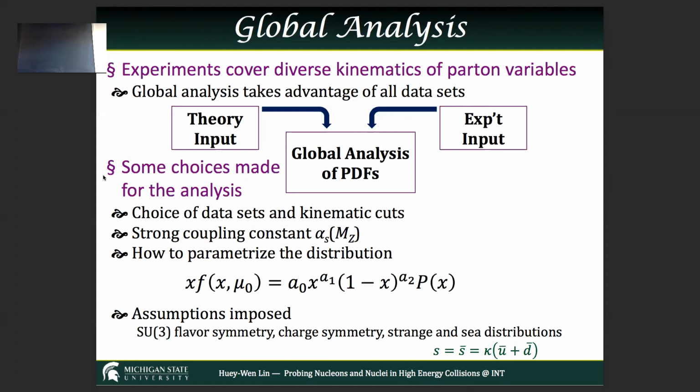So one of our motivations is that eventually lattice-QCD will be able to check this parameterization, so we don't have to assume it. Another issue is common assumptions about, say, the strange distribution, because you don't have very good data to constrain it in the PDF analysis. Very commonly, people assume the strange equals the anti-strange distribution, because there is not much precise data to constrain anything, and sometimes people constrain them with some combination.